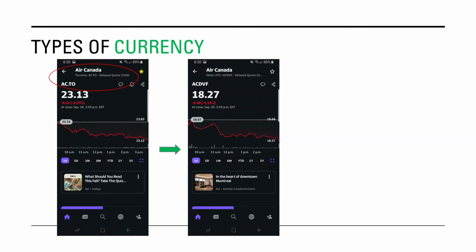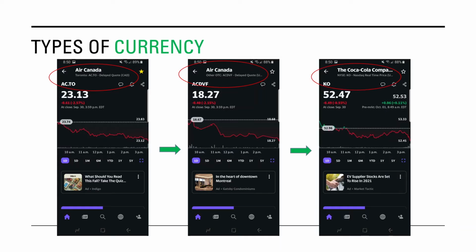If you have PINX or PNK, you're gonna have to trade it on another stock exchange. But if you're only beginning, you might avoid the other stock exchange because it may be harder to exchange your stocks. And lastly, you have on the New York Stock Exchange the Coca-Cola company that we looked at previously. So you're gonna have to buy this stock in US dollars.